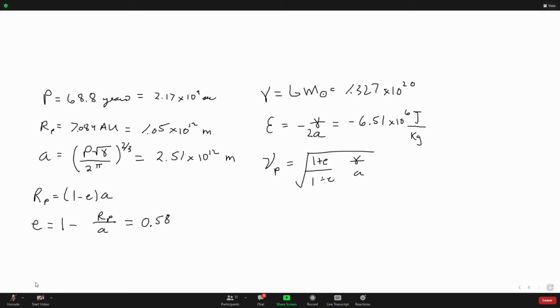Why is that? Because in the equations for the semi-major axis as a function of the period, this gamma is the primary. So if we know the period and the semi-major axis of a moon of Mars, then that tells us what the mass of Mars is.